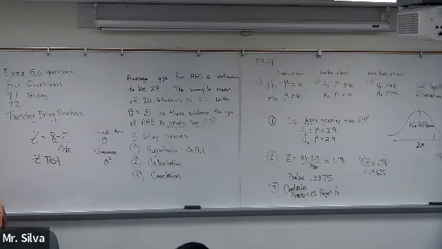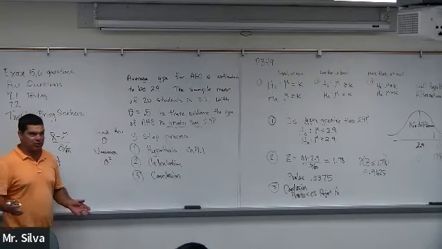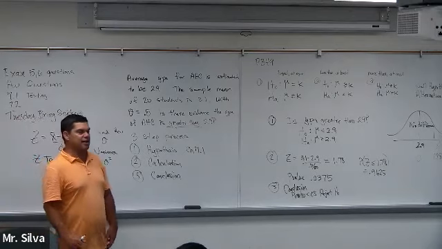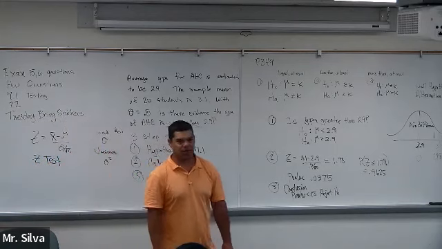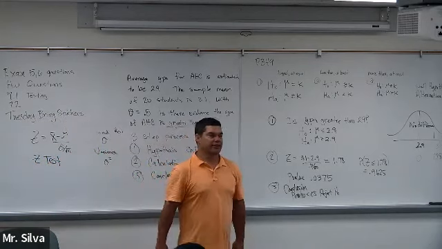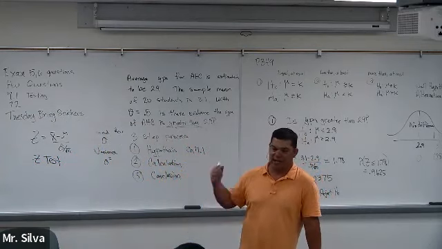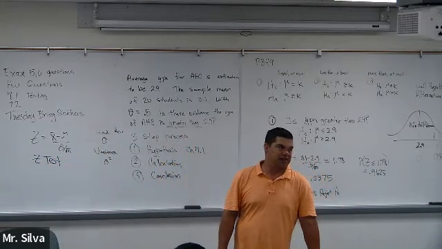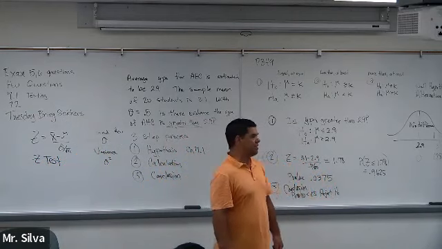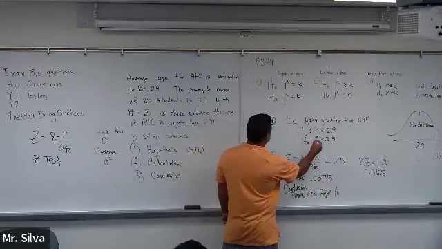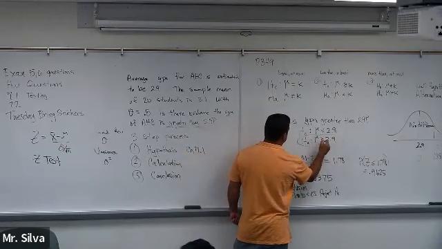One thing I don't like in 7.1, they introduce testing and then they talk about sampling errors. It's like, in hypothesis testing, you could make an error. So for example, in this problem, I rejected the null hypothesis. I pretty much said there's evidence that the average GPA is greater than 2.9.